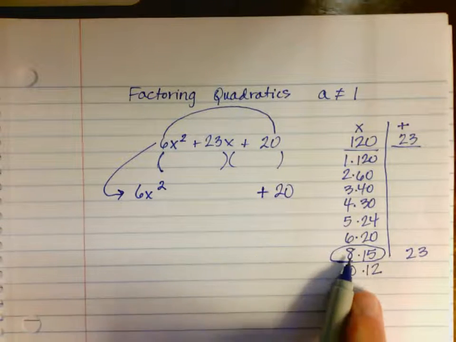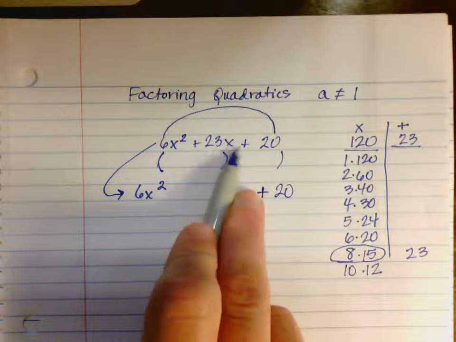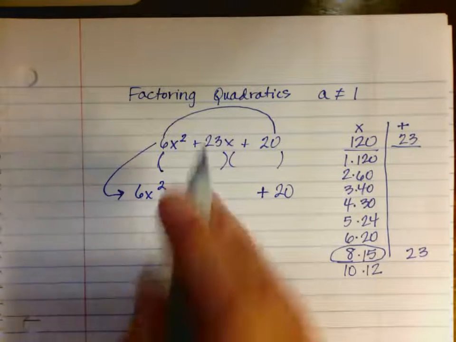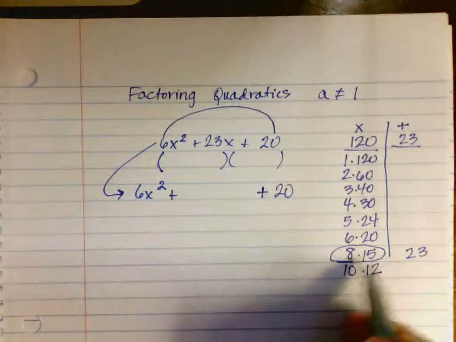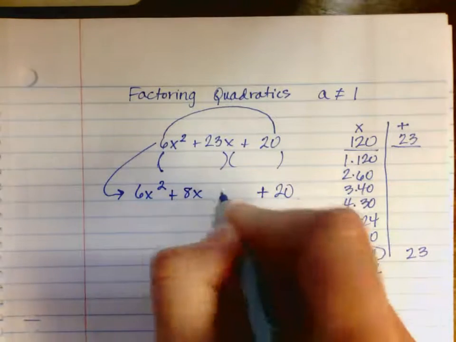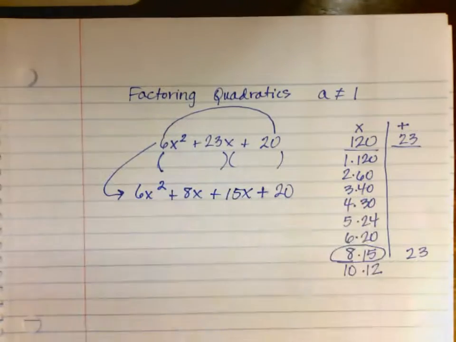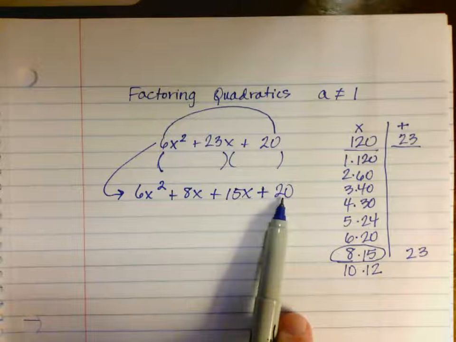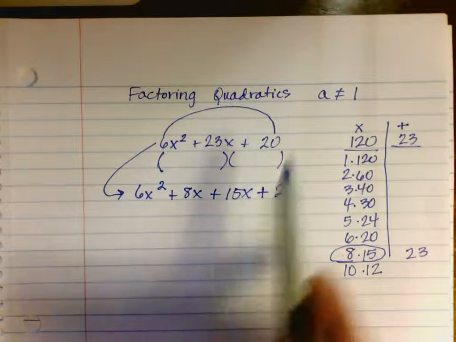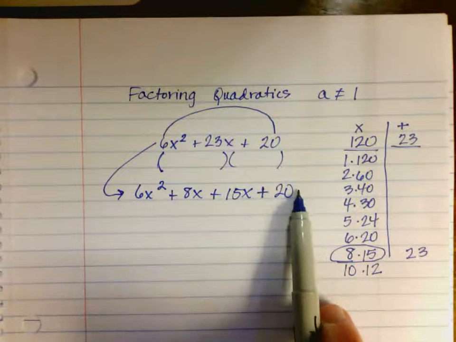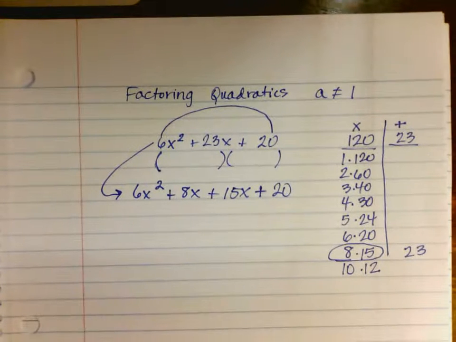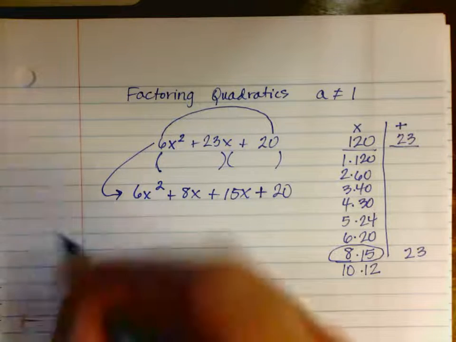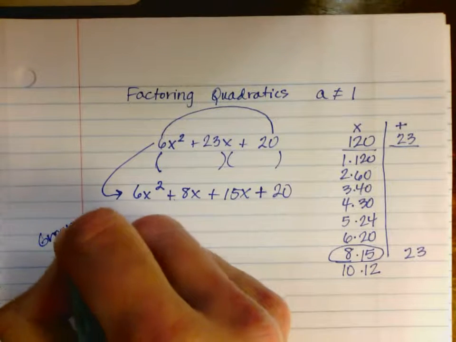But now we're going to split 23x into two terms: 8x plus 15x. So we just wrote an equivalent polynomial to our original, but with 4 terms. And when we have a polynomial in 4 terms, we factor by grouping.